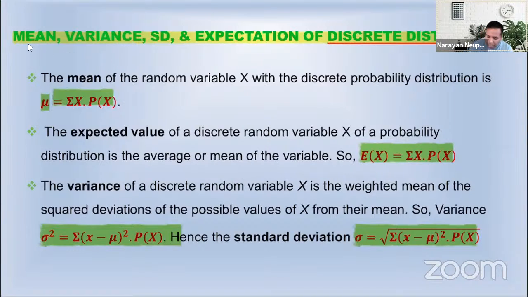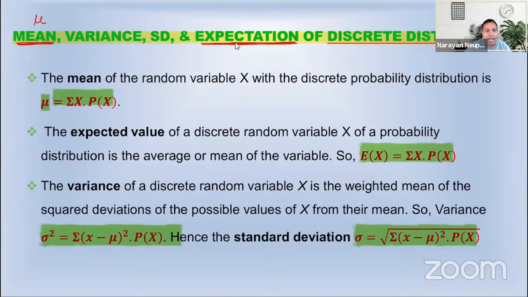Remember one thing: the mean and the expectation, these two terms are the same thing. Although they have different names, they are the same thing. If we talk about the mean, we represent it by mu.